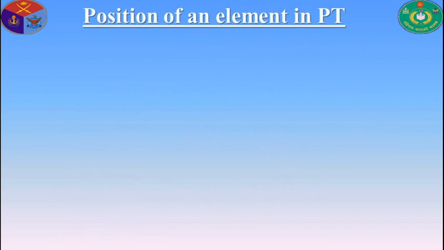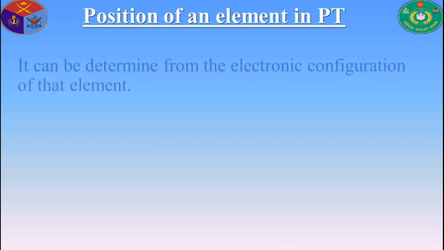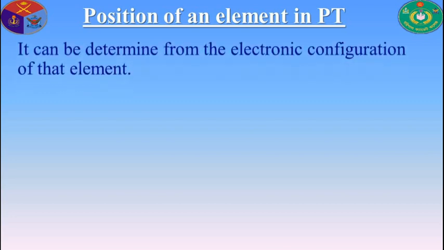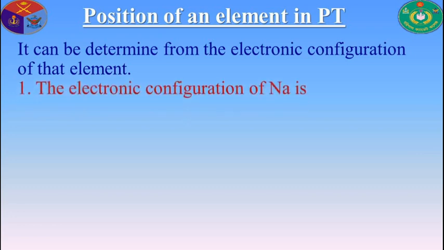Now move on to the position of an element in the periodic table. The position of an element in the periodic table can be determined from the electronic configuration of that element. Consider the first example, which is sodium.